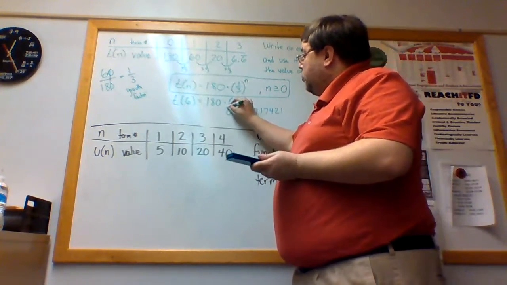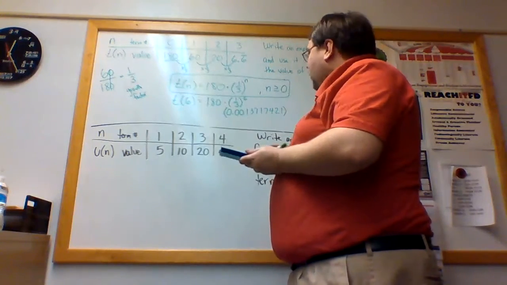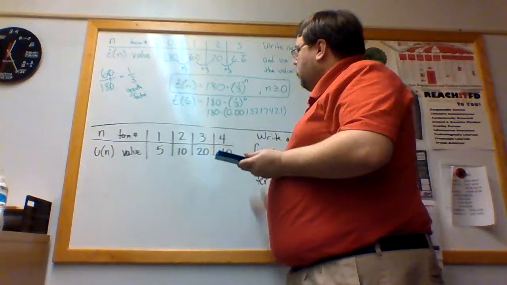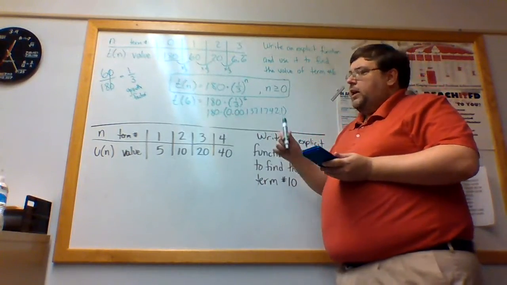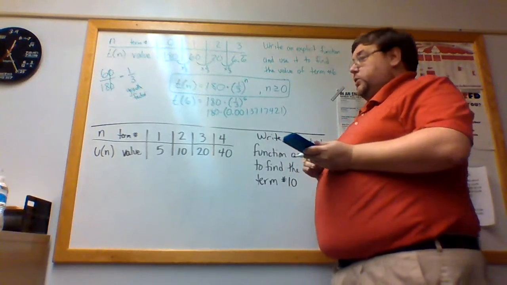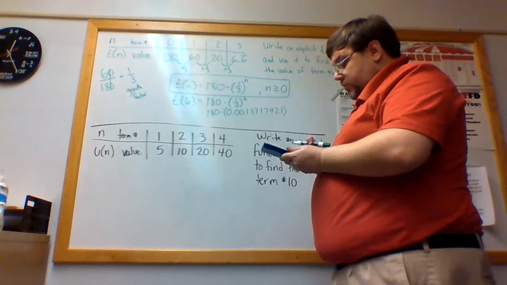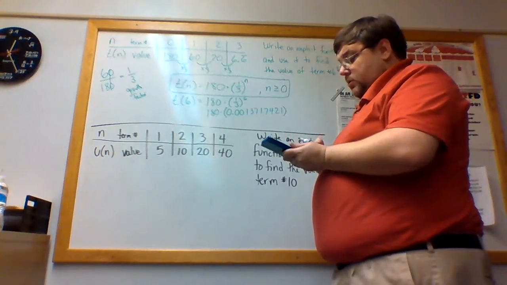While it is a good idea to round, I don't like to round until I'm completely done with the problem. So I'm going to wait one more step because I still need to multiply that by 180, and then I'll round the result. So I've done exponents. Multiplication comes next in the order of operations.